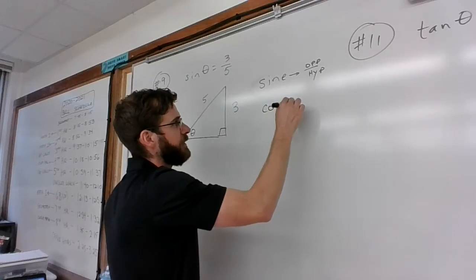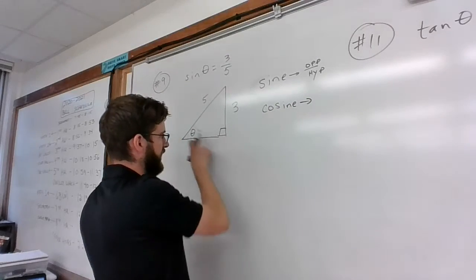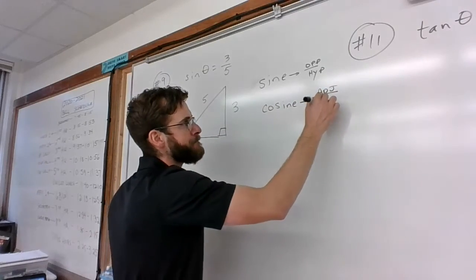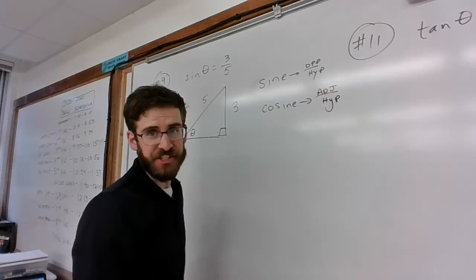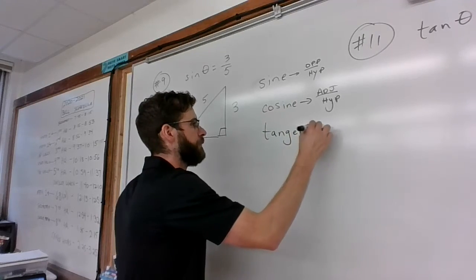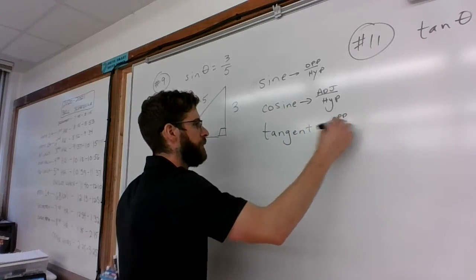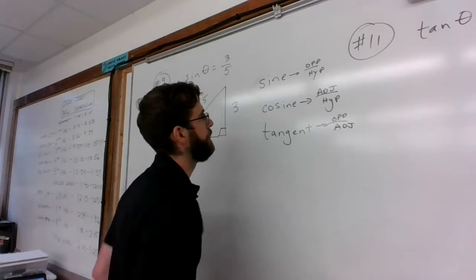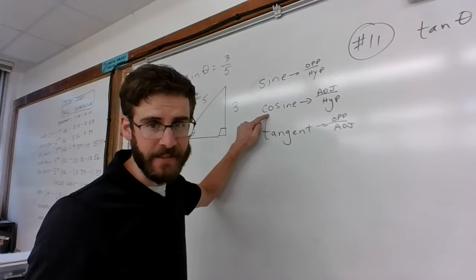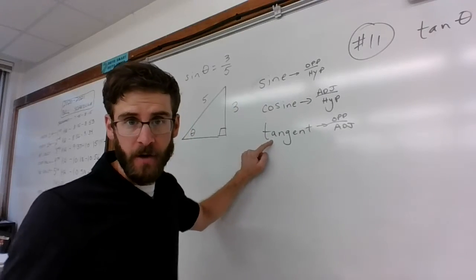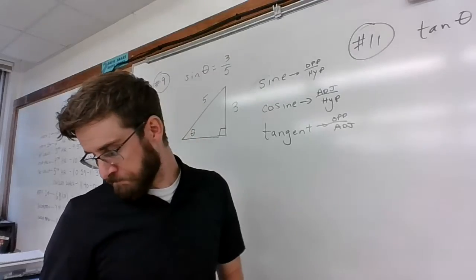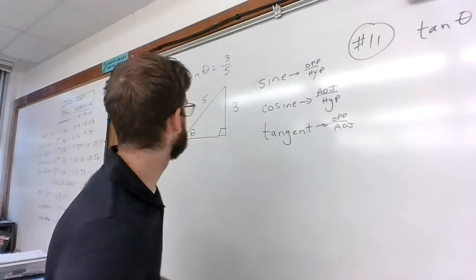Cosine would be the adjacent side to theta over hypotenuse. And the tangent is opposite over adjacent. Cosecant, secant, and cotangent are just the flips of these ratios. We might see those soon.